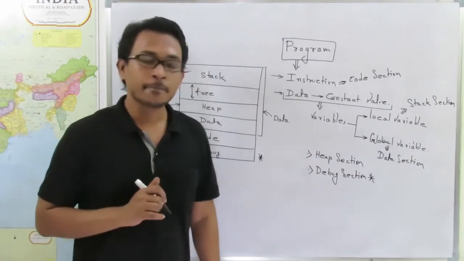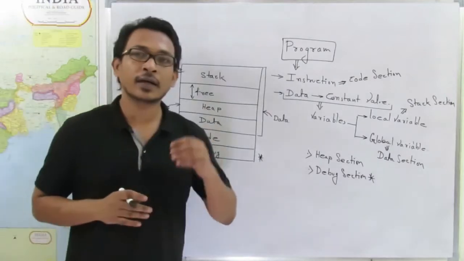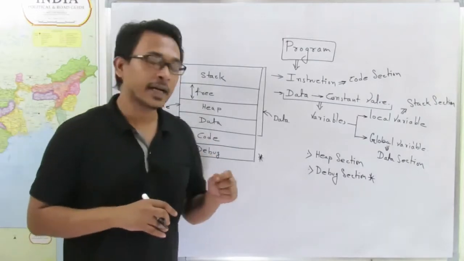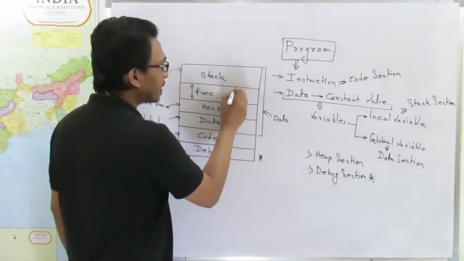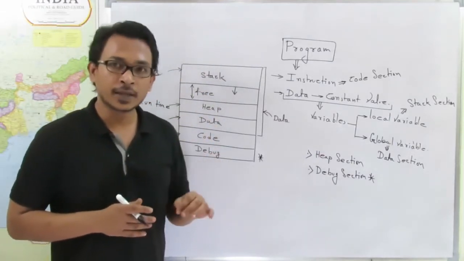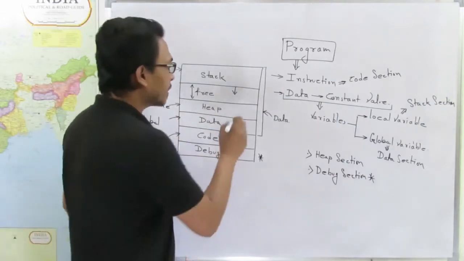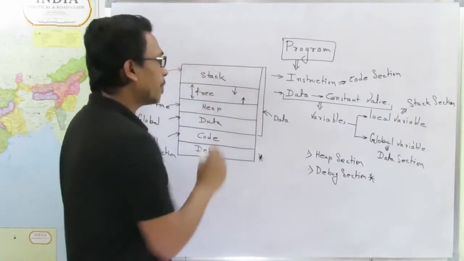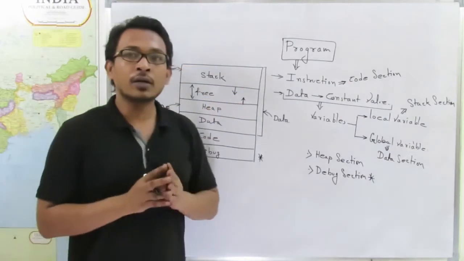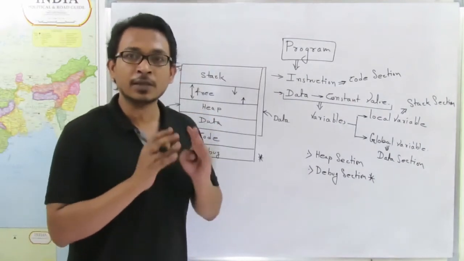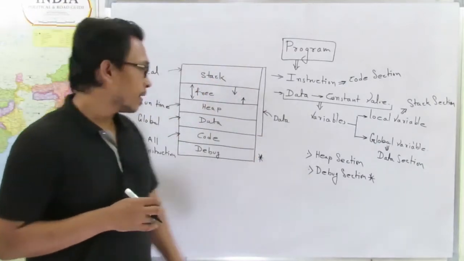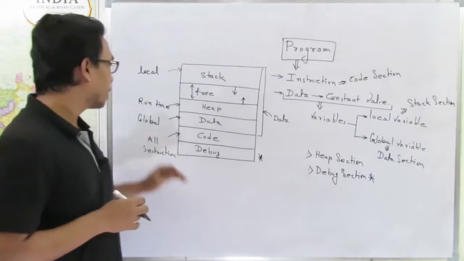Clear? If extra memory is required for the stack at the time of program execution, the stack will increase downwards, and if extra space is required for the heap section, the heap section will increase upwards. So both the stack and heap sections are also used for program execution. That means at the time of processing also these stack and heap sections are used. Clear?